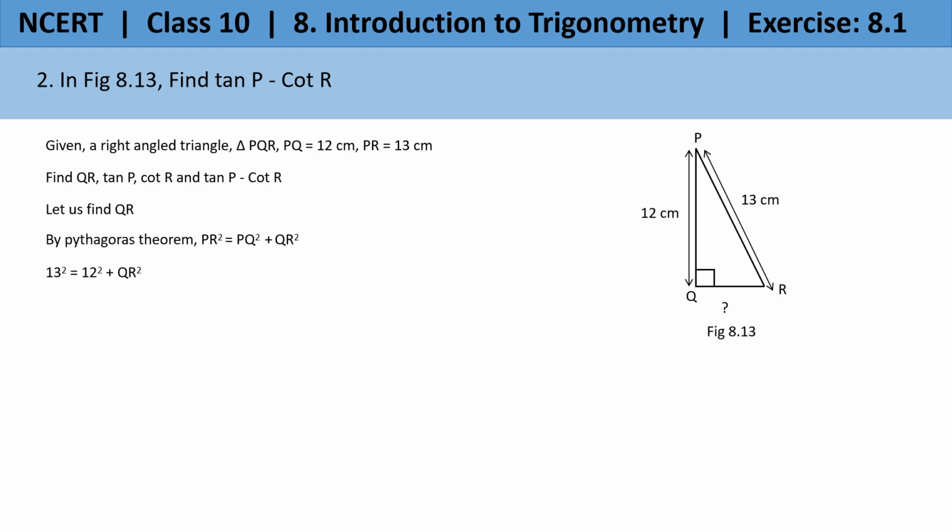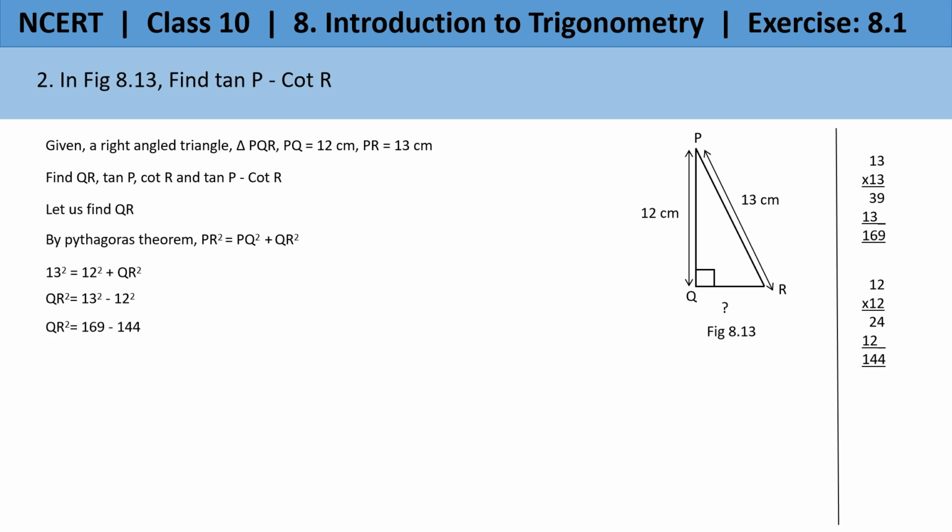Let us subtract 12 square on both sides of the equation. QR square is equal to 13 square minus 12 square. 13 square is 169. 12 square is 144. QR square is equal to 169 minus 144.